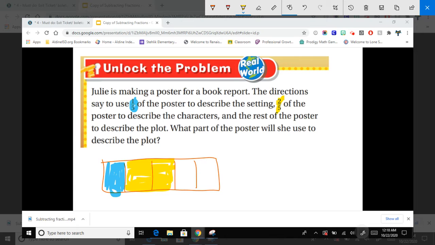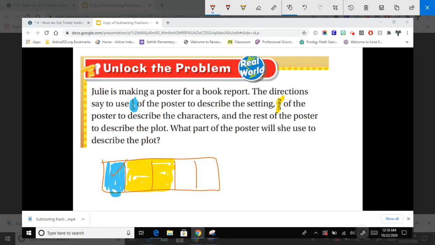The rest of the poster, I'm sorry, and the rest of the poster to describe the plot. What part of the poster will she use to describe the plot? So this is the setting right here.